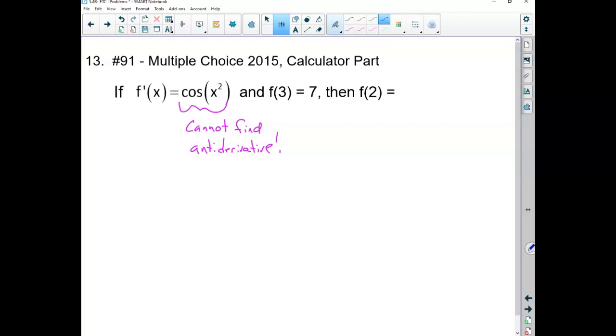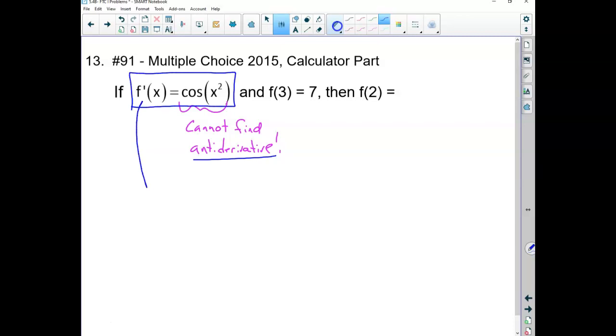What is f of 2 equal to? They had choices for you. Well, what does that mean? Because I cannot find the antiderivative, I want to define my function as an integral.